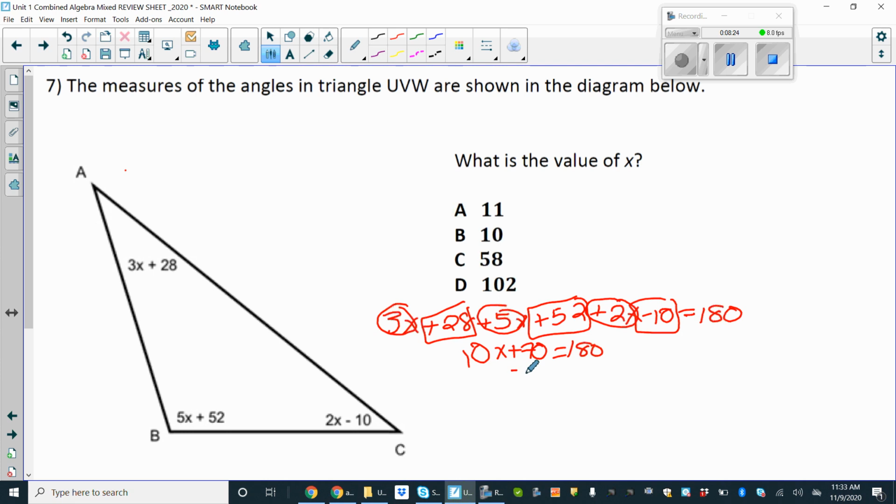Now we have to continue solving for x. We have to subtract 70 on both sides. And you're left with 10x equals 110. Divide by 10. X equals 11, which is answer choice A.